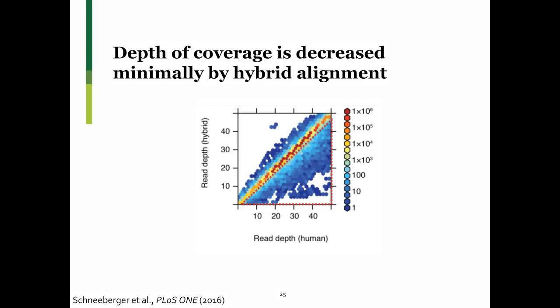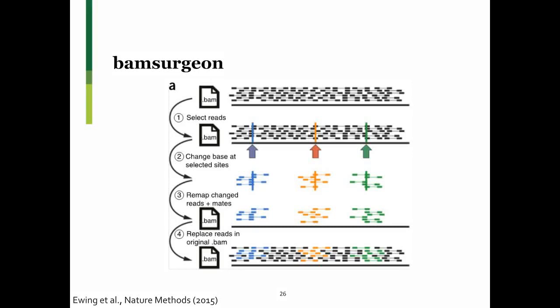So these in silico experiments convinced us that this could be a usable approach, but we wanted to really get at what the operational effect of mouse contamination was on genome sequencing pipelines. So we turned to this great tool that was published in Nature Methods in 2015 called BAMSurgeon. And this tool was created as a way to generate gold standard reference files with mutations in known locations.